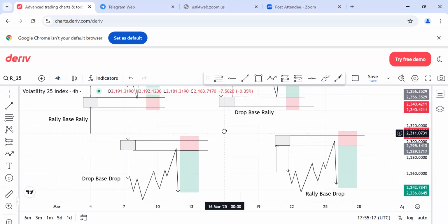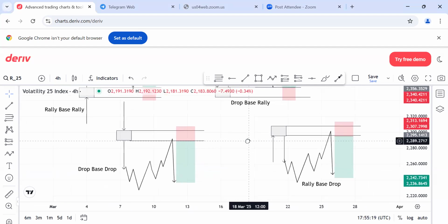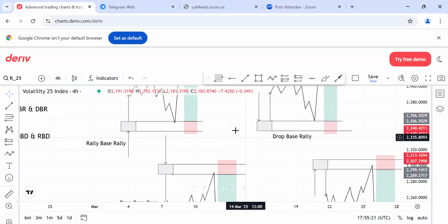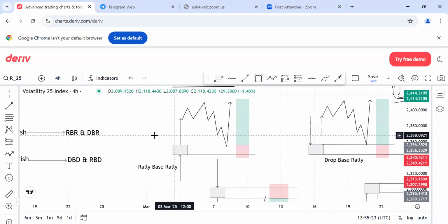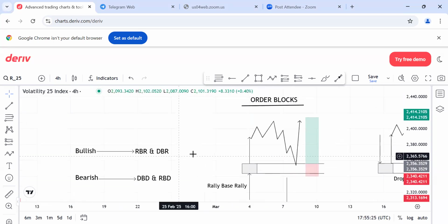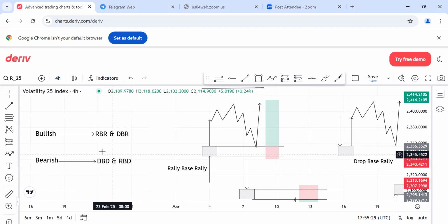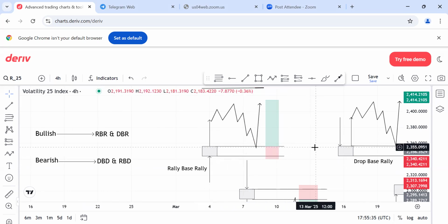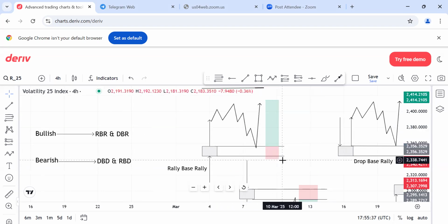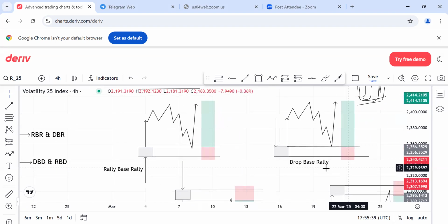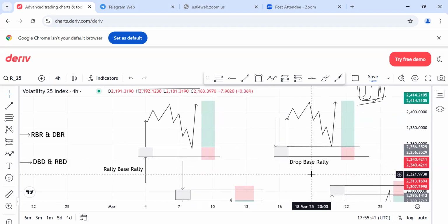So that is it on order blocks. We've got two types of order block: the bullish order block, which has two patterns, the rally base rally, this first sketch here, and the drop base rally, which I've also explained the concept behind.